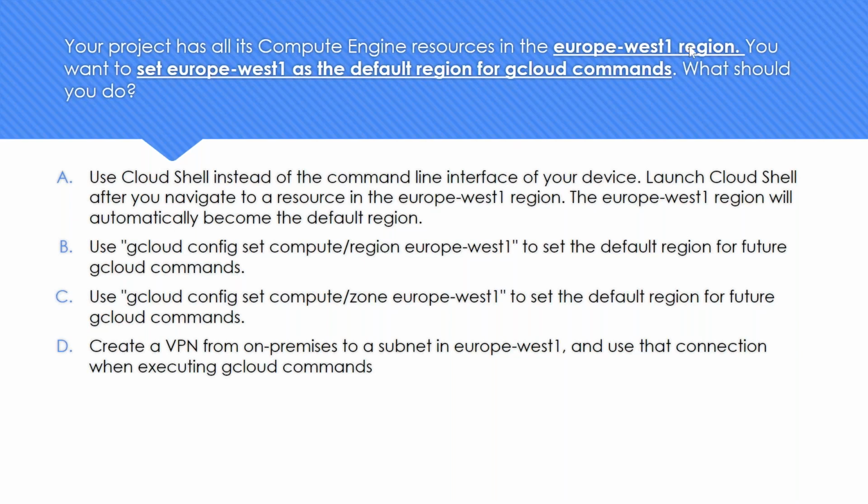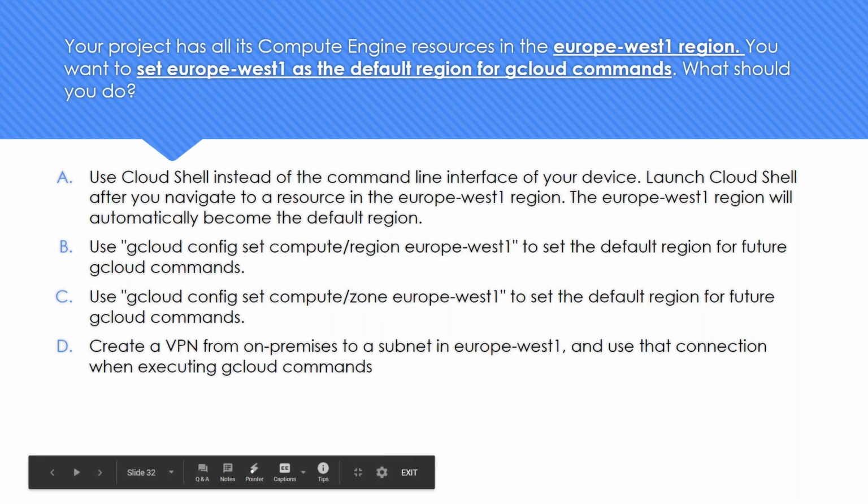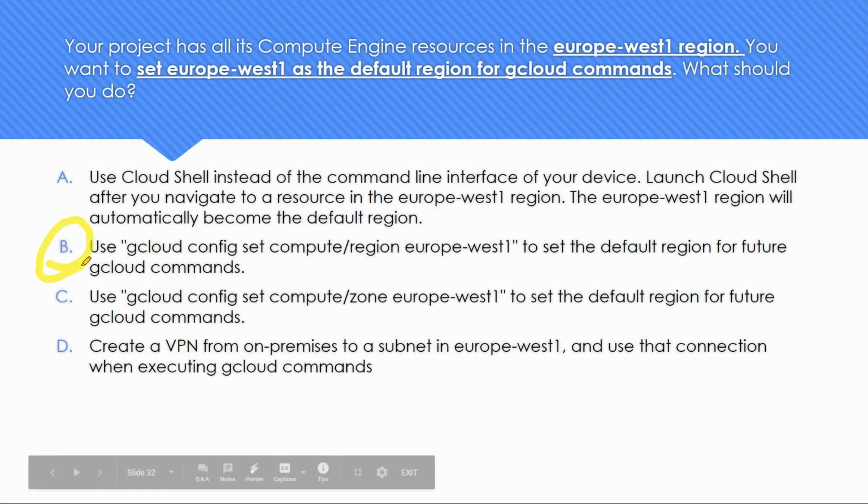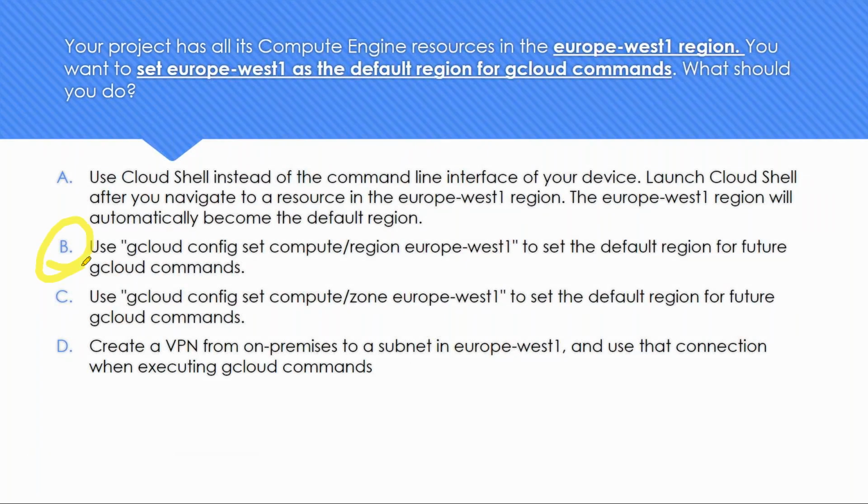Here they are asking for a default region, and a region always ends with a number. So that's good. This looks like a possible option. The next command, use gcloud config set compute zone, and they are mentioning a region.